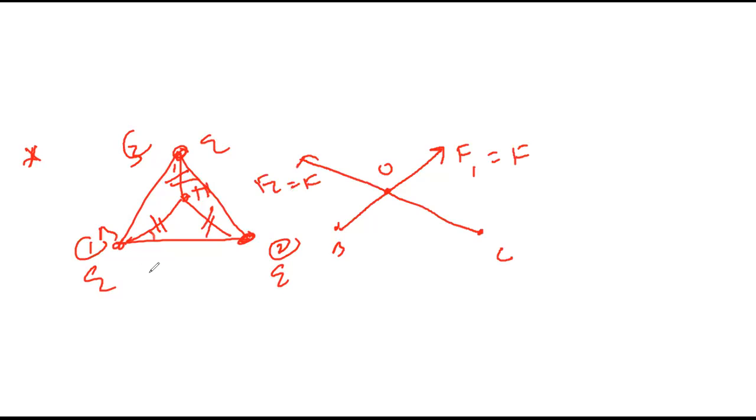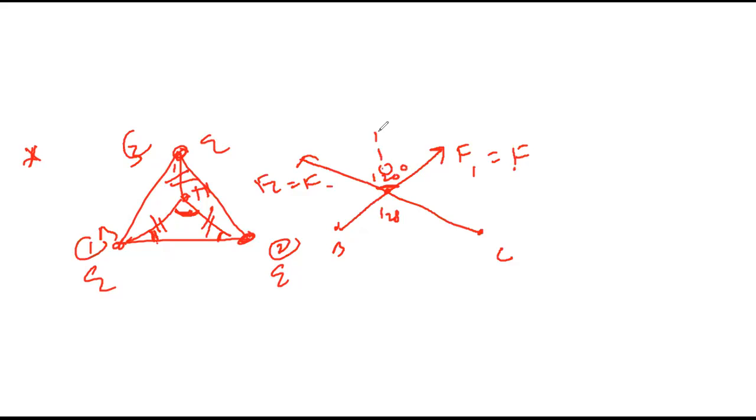How much is this angle? 30. This angle is 30, this is 30, this is 120. So this upper angle will be how much? 120, vertically opposite. So two vectors of same magnitude are inclined by 120 degree.